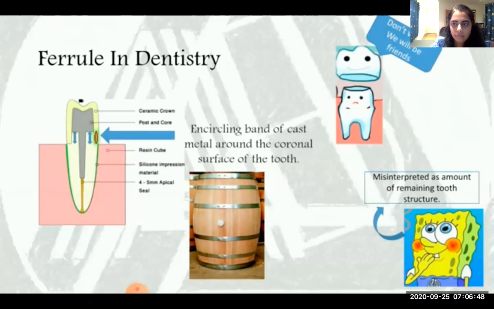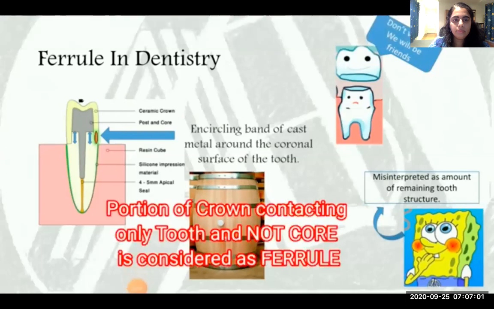So basically ferrule is related to the prosthesis or crown which we cement over the tooth surface and not the remaining tooth structure. So in simple words, ferrule is that portion of the prosthesis or crown which is in contact with the residual tooth structure.